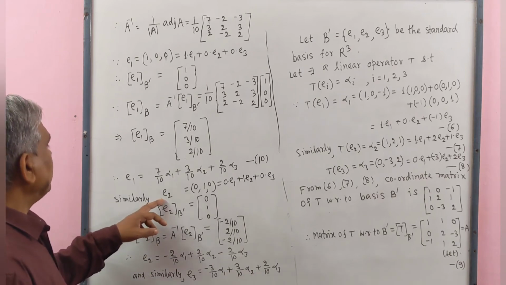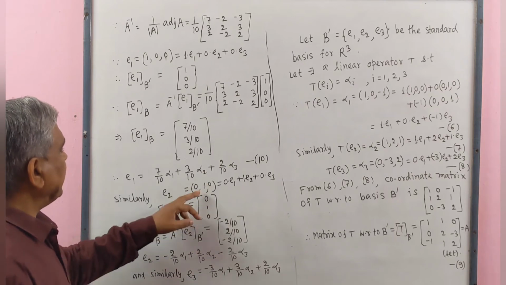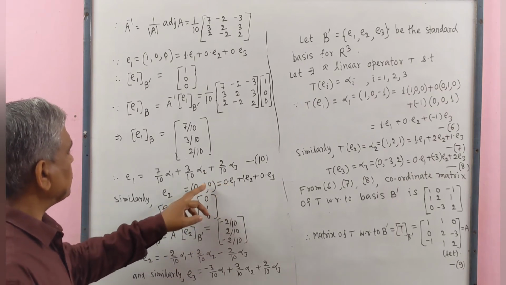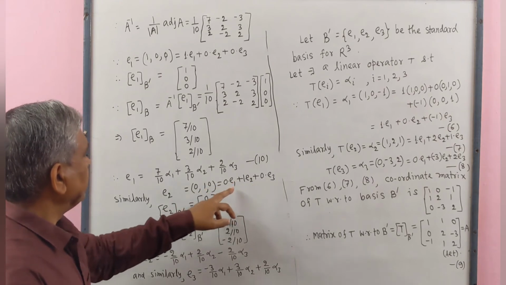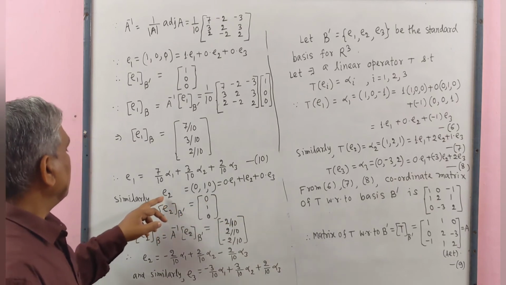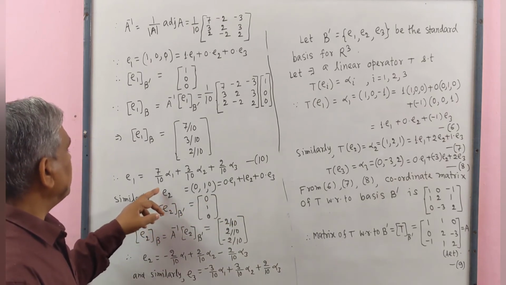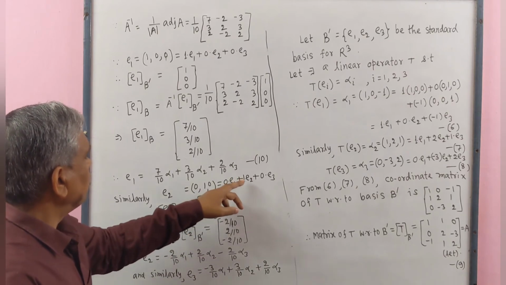Similarly, e2 equals the ordered triplet (0, 1, 0). We may write this as 0 into e1 plus 1 into e2 plus 0 into e3. Therefore, the coordinate matrix of e2 with respect to basis B prime is the column matrix 0, 1, 0.